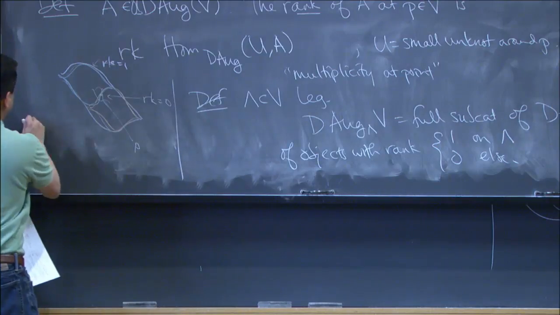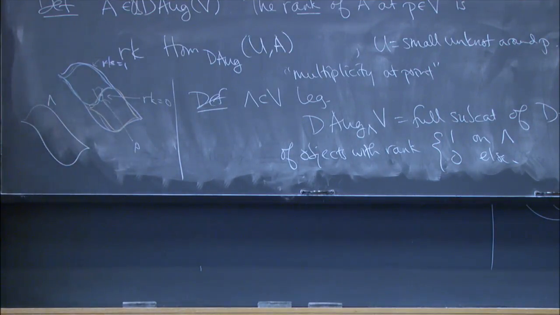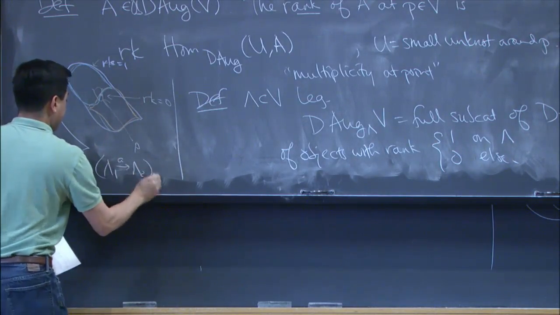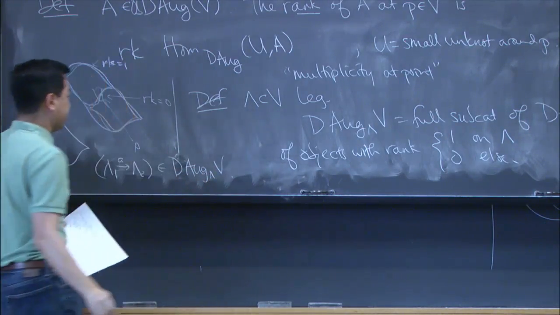In this particular case, if I draw that thing that's right there and call that lambda, then this particular twisted complex, lambda 1 to lambda 2 A, is in d aug lambda V.